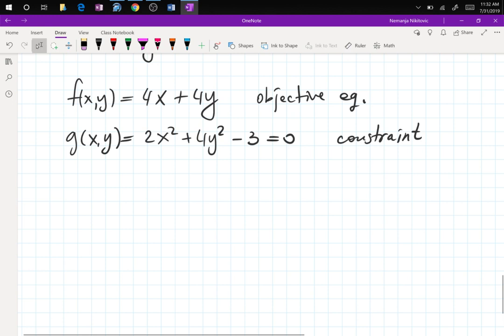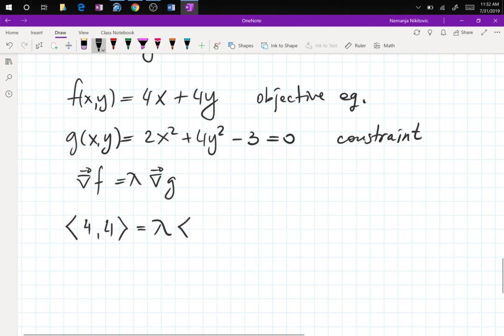So I have this, and we just go del F equals lambda del G. So del F is 4, 4, equals lambda times del G, which is 4x and 8y. You can find these gradients on the side if you want, and then put everything in the formula, or you can just go directly into the formula.